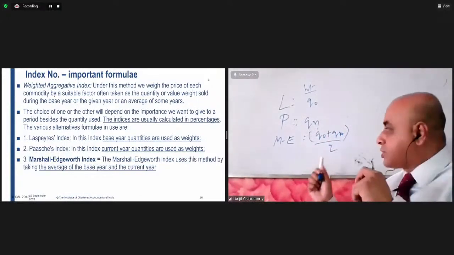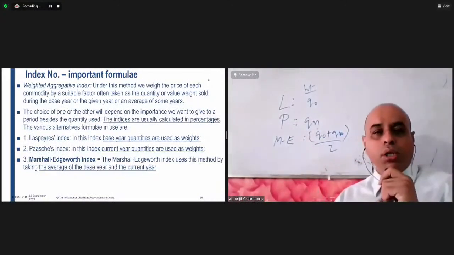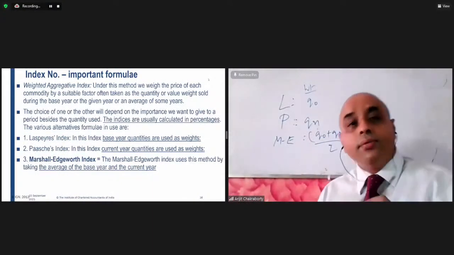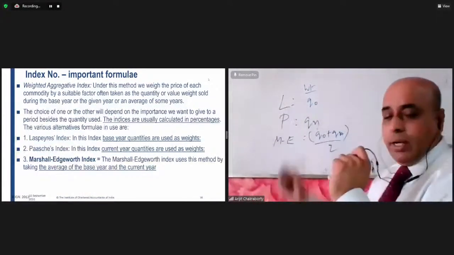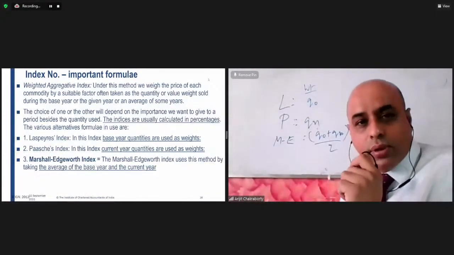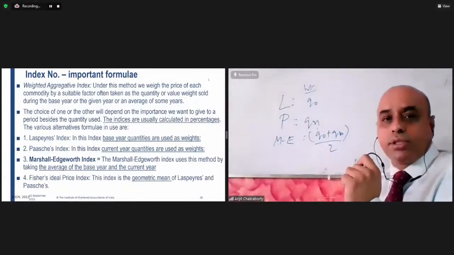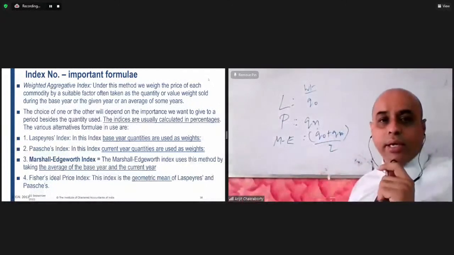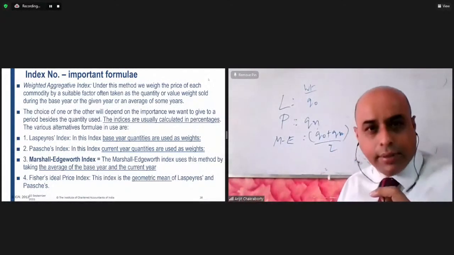Please follow this working out to understand which weight is used for which formula. For the past year's index, it is the current year quantity. For the last period's index, it is the base year quantity. For the Marshall-Edgeworth index, it is the average. Please note this is a simple average, the arithmetic mean of the base year and the current year.